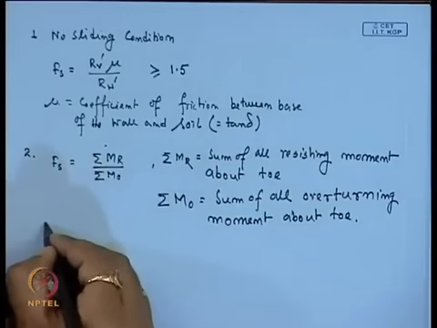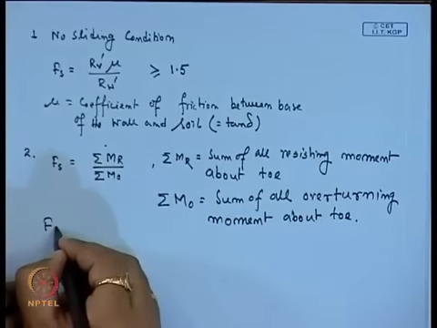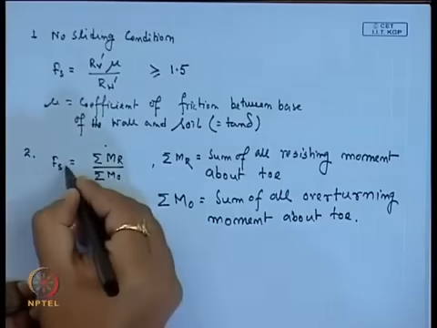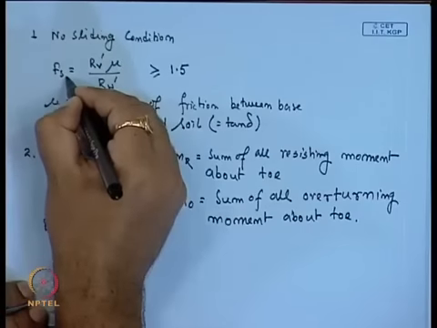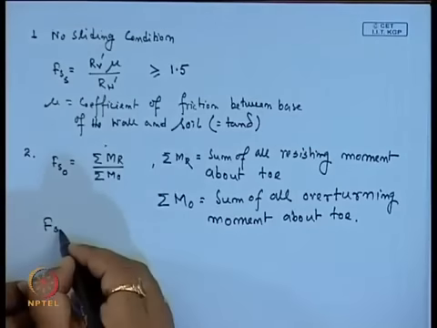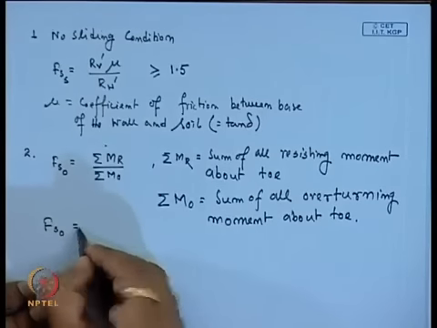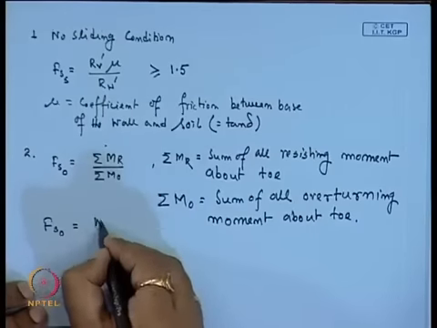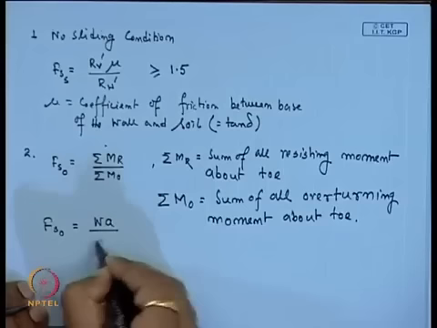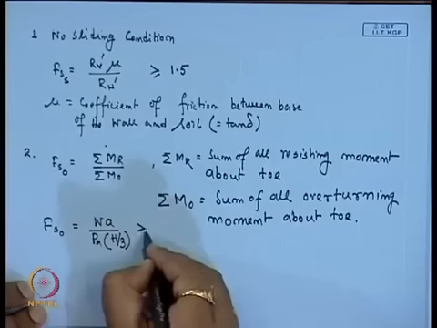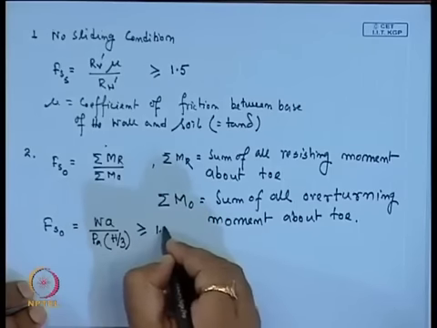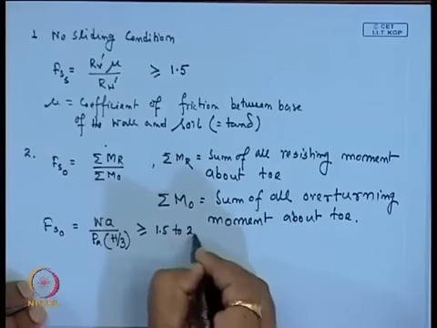So, for this previous case, the factor of safety for overturning F O, that will be W a divided by P a into H by 3, and that should also be greater than 1.5.